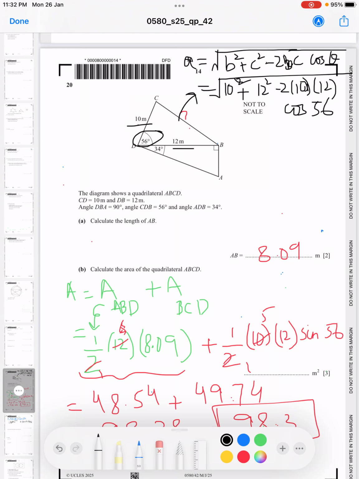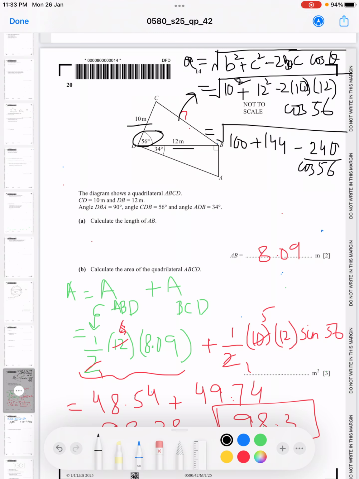This whole formula is in square root. So it comes out to be 100 plus 144 minus 20 into 12 will give you 240 cos of 56, right?